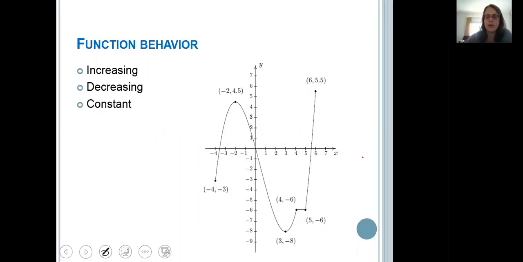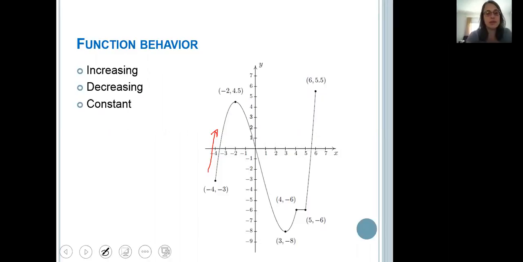We always read functions from left to right, the same way that we read our English. If a function tends to increase, so if its y's tend to get bigger as we move from left to right on the x-axis, then it's increasing over that interval. So this function is increasing on the interval, and we always write it on the x's.